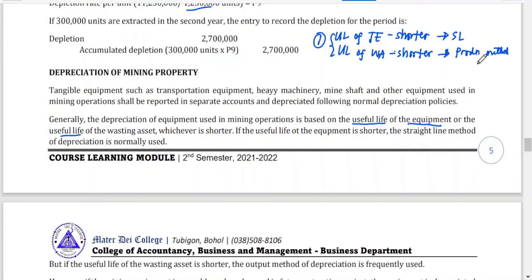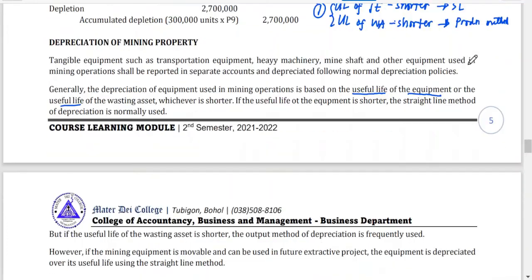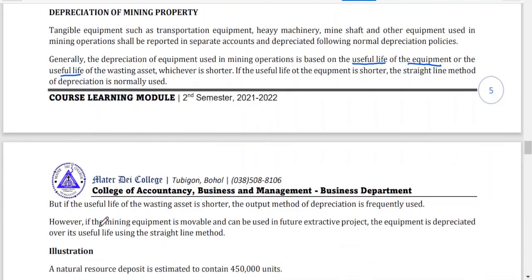Thus, we will follow the production method, or also known as the output method. But if the mining equipment is movable, meaning it can be transferred from one place to another and can be used in future extractive projects, so dili lang para sa ani nga extraction or ani nga wasting asset activity, then the equipment is depreciated over its useful life using the straight line method.